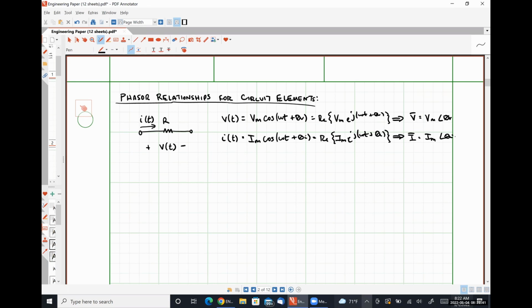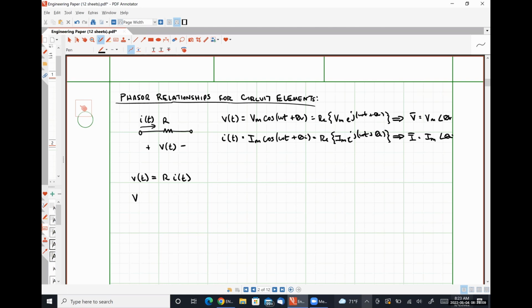R is equal to V over I, or V is equal to I times R, Ohm's law, right? So we know that v of t should be equal to R times i of t. So what I'm going to do here is substitute in my mixed domain relationship. Okay?